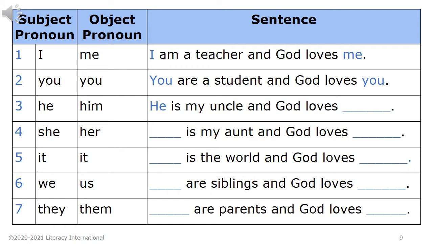She, her. She is my aunt and God loves her. 5. It, it. It is the world and God loves it. 6. We, us. We are siblings and God loves us. 7. They, them. They are parents and God loves them.